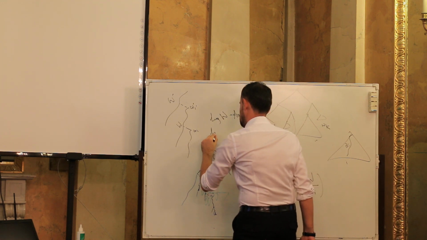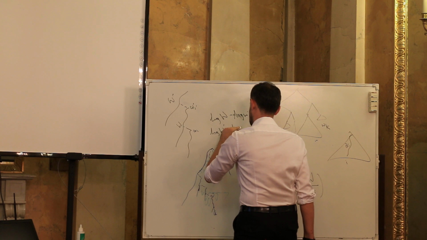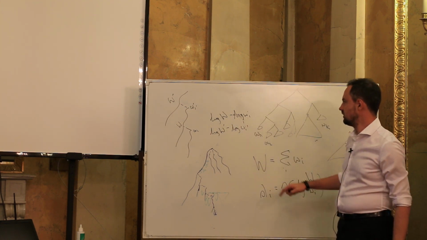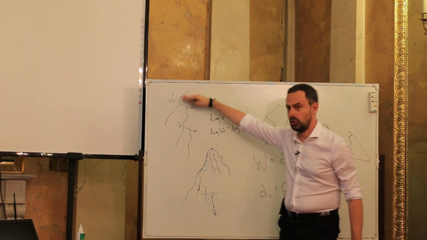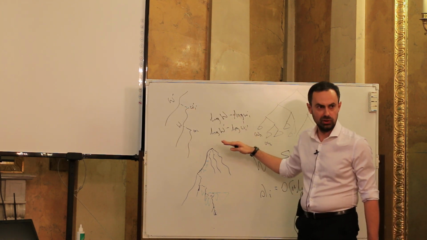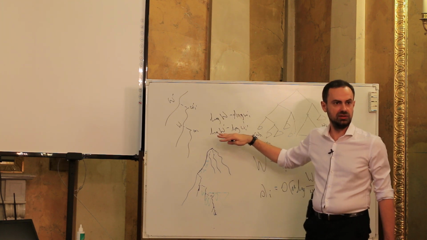So you pay log of w prime minus log of w prime I prime. Now this cancels with that. When you write down all those steps, they will all cancel out each other, and you will only get one log. Make sense?